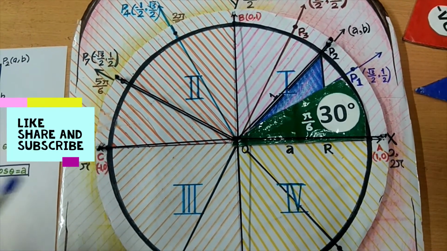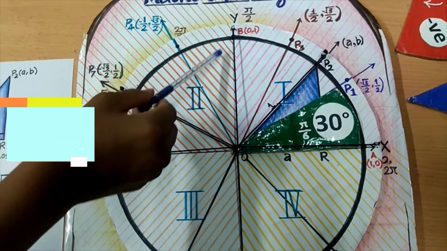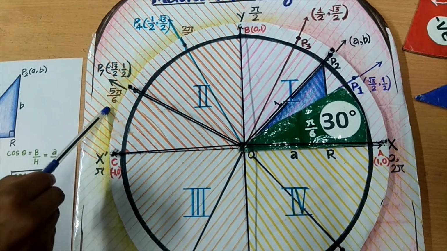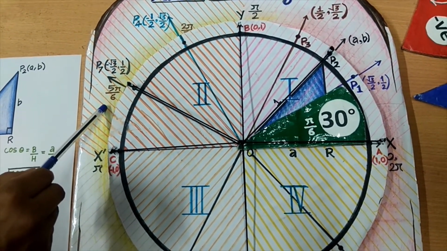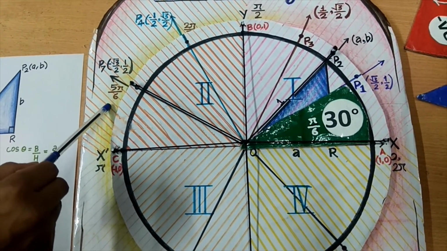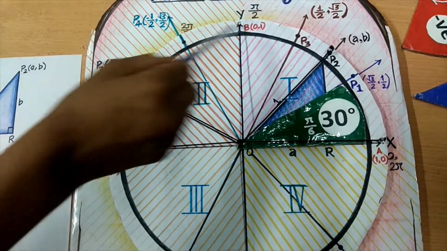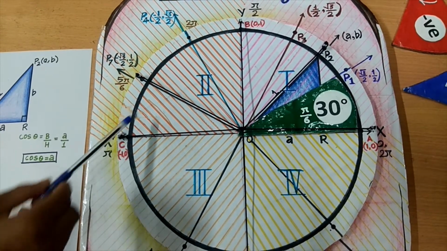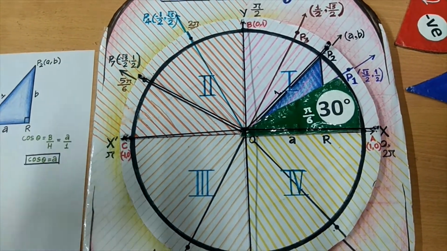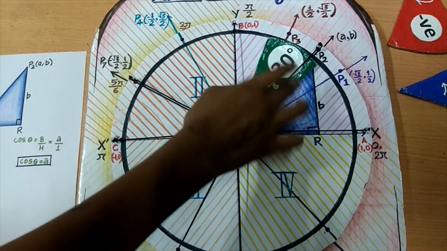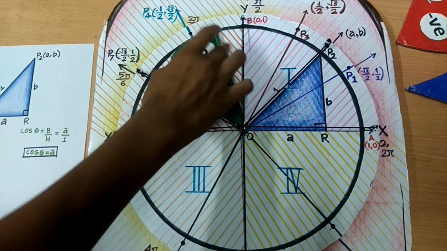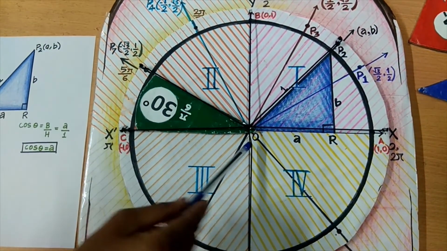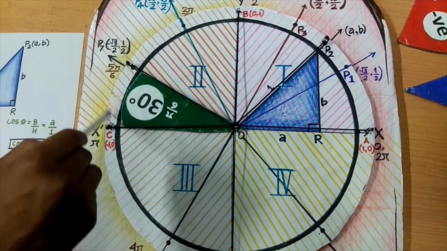To find the value of sine or cosine functions in the second quadrant, let's say 5 pi by 6 or 150 degree, we have to draw angle 5 pi by 6 on this unit circle. Since 5 pi by 6 is equal to pi minus pi by 6, we can rotate this pi by 6 angle here toward the negative x-axis. The angle P7OA will be equal to 5 pi by 6.